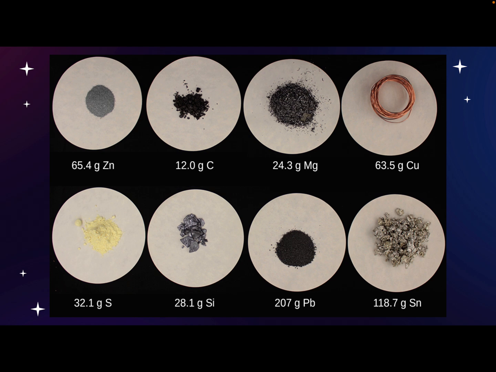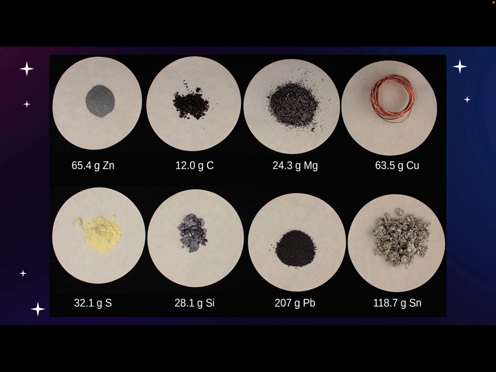You can see that all of these substances, there are only 8 listed on here, but you can see that all of them clearly occupy different masses as given by the weights represented in grams, and they clearly occupy different volumes as they take up different amounts of space on those weigh papers. But the thing that they all have in common is that there is 1 mole of those particles of that substance.